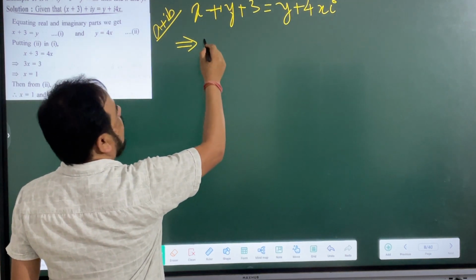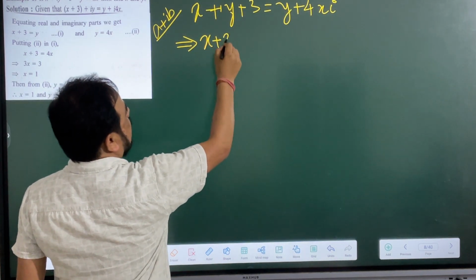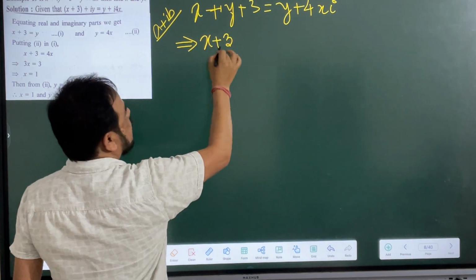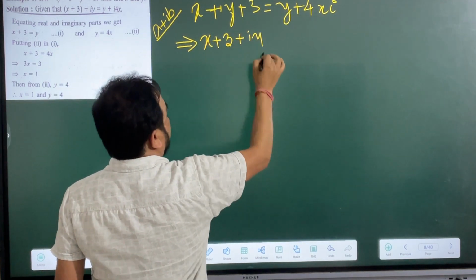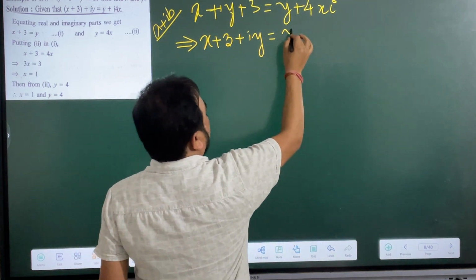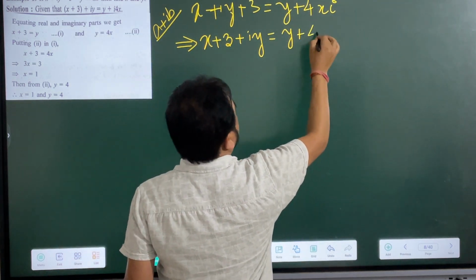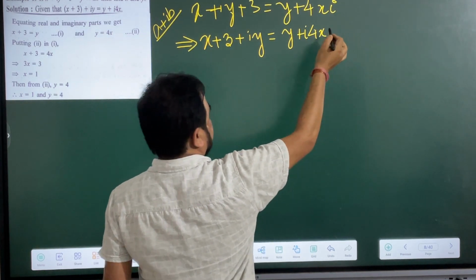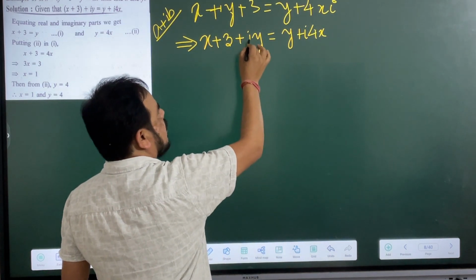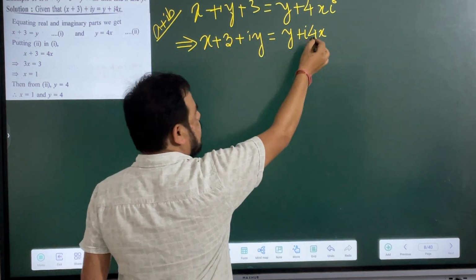So let us identify the real part together. X plus 3, I have written together because there is no i. Next, plus iy equals y plus i 4x. 4xi or i 4x, same thing, because here i is written before the letter, so let me write it this way.